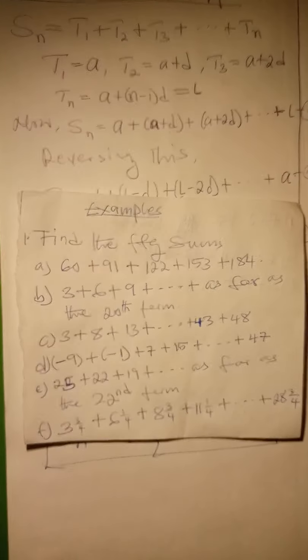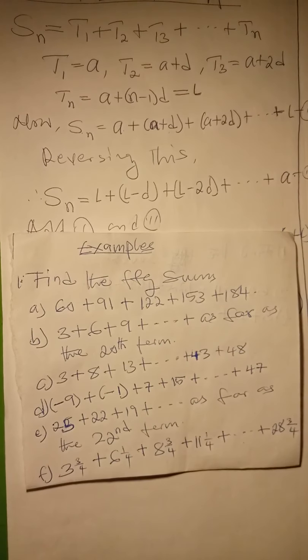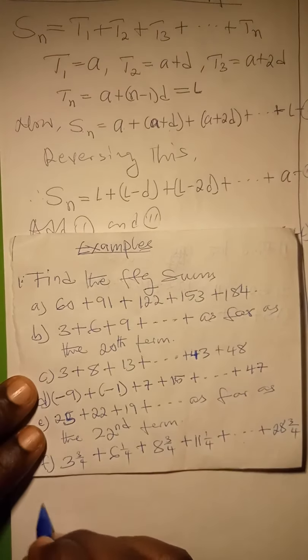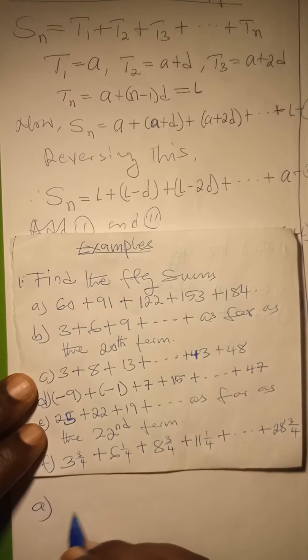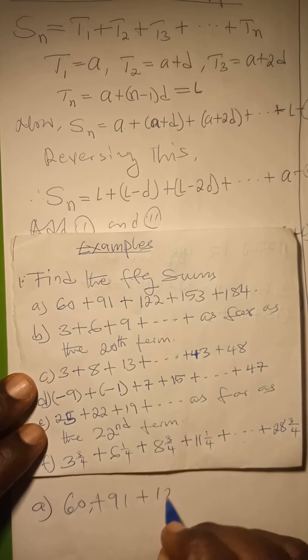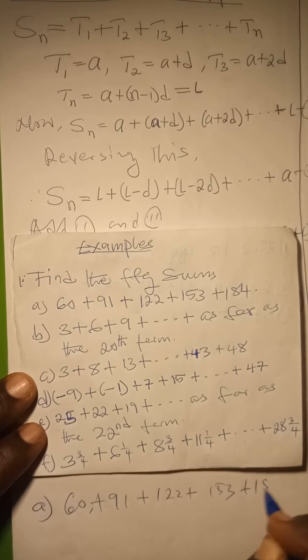Okay? Let's see. This is a question. Find examples. Make sure you update your note. Find the following sums. A. The first one, A. I am going to find 60 plus 91 plus 122 plus 153 plus 184.